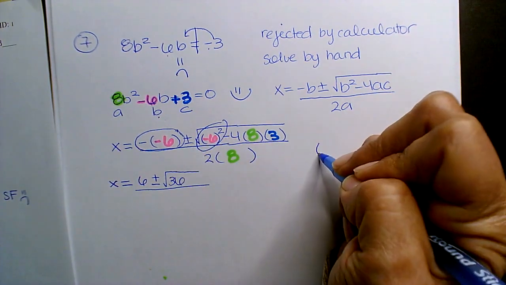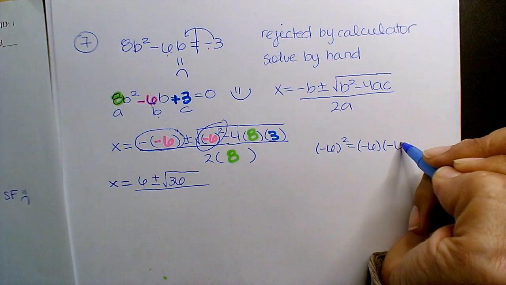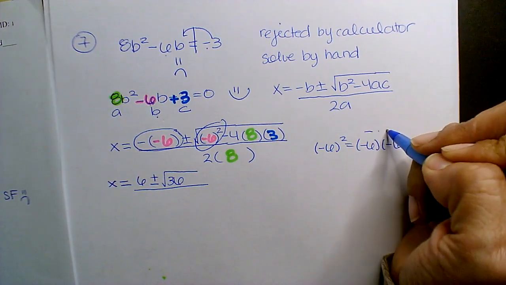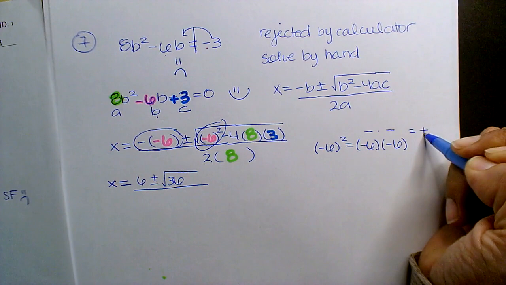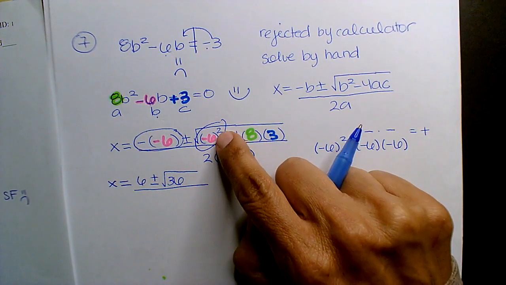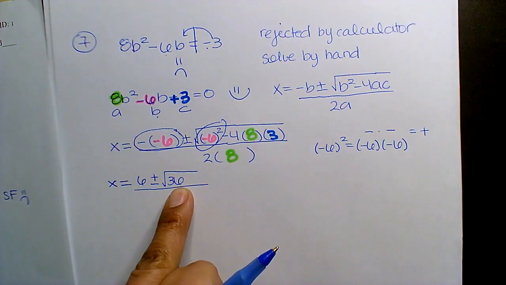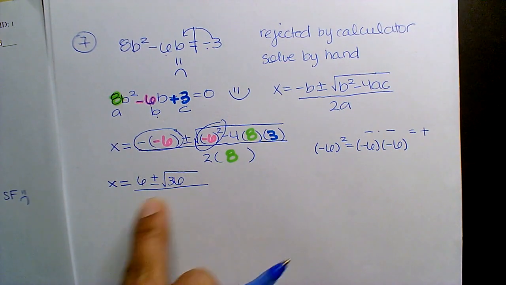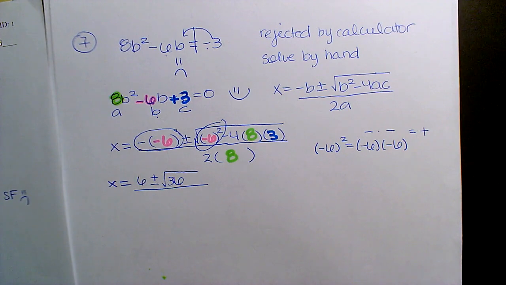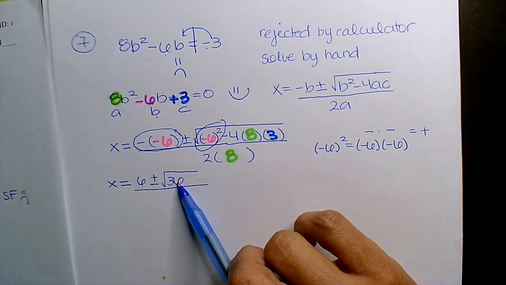You guys, -6 squared is -6 times -6. What is a negative times a negative? A positive. Positive 36. Whenever you square here, that number should always be positive. If it's negative, you're going to get a trash answer. Negative squared is always positive.